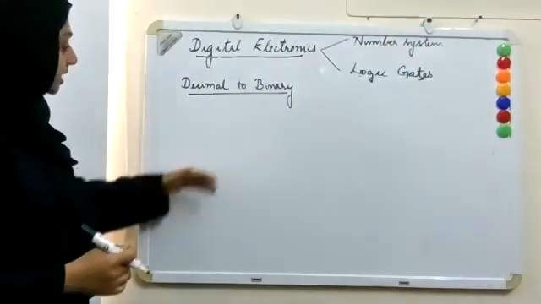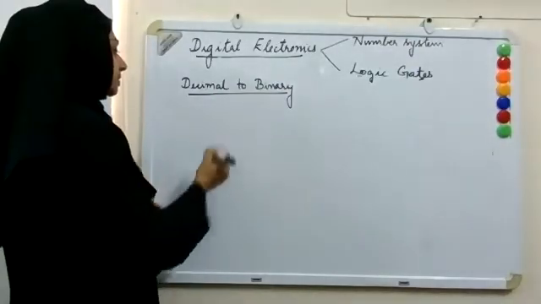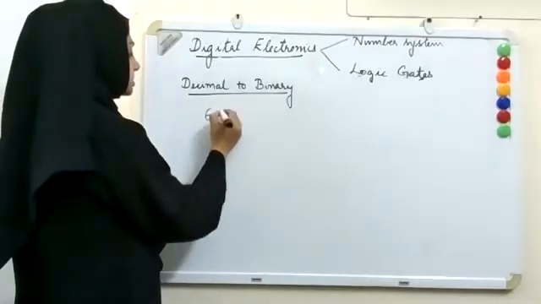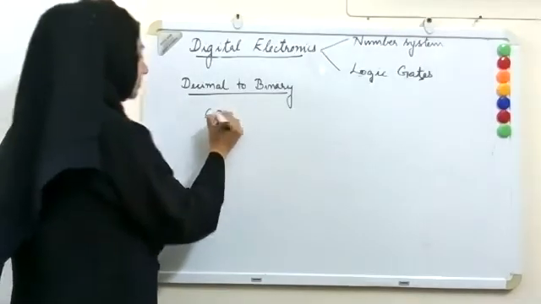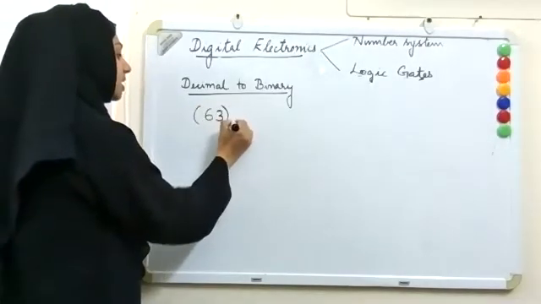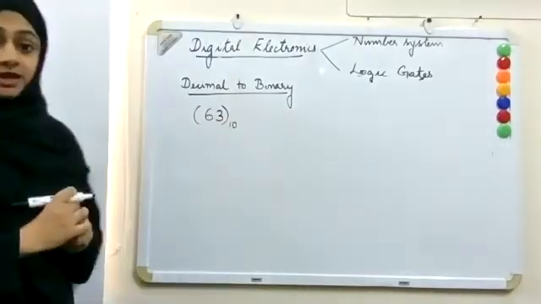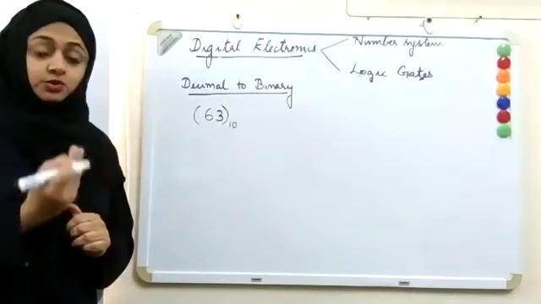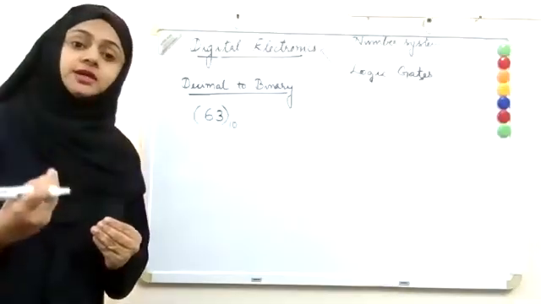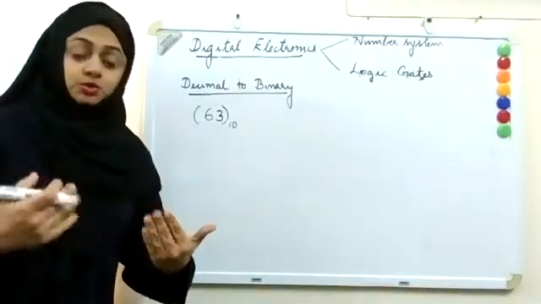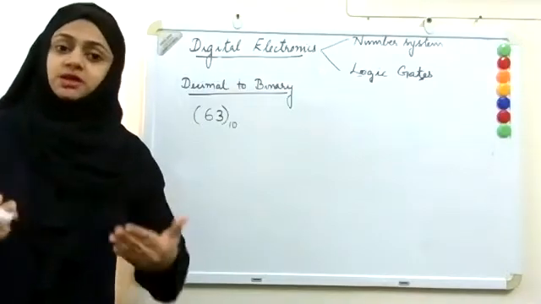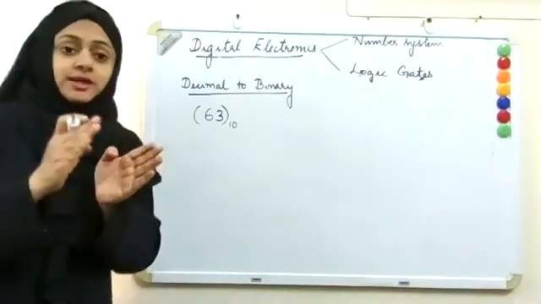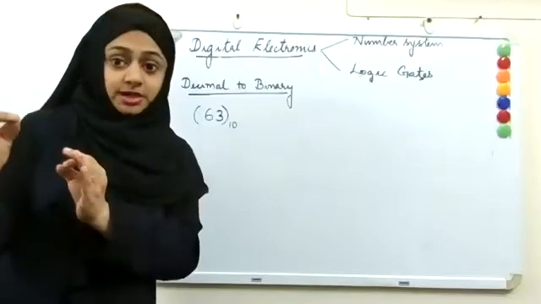Now, suppose I have a decimal number that is 63 to the base 10. I want to convert it to binary. So how to do that? To do that, you have to divide with 2. You have to successively divide with 2 and separate out the remainder.